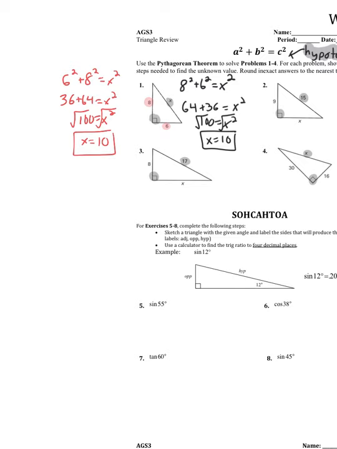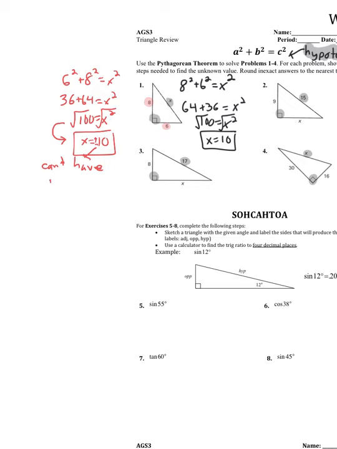Another important thing to note real quick here, whenever we undo a square, we talk about this a lot in quadratics, we technically get a plus or minus 10. So you could have x equals positive 10 or x equals negative 10. But we can't have negative values in real world situations, or on a distance.